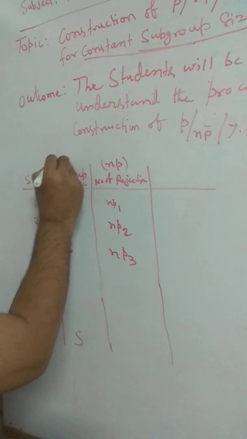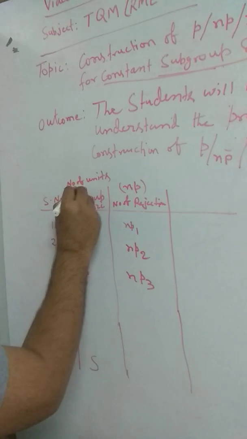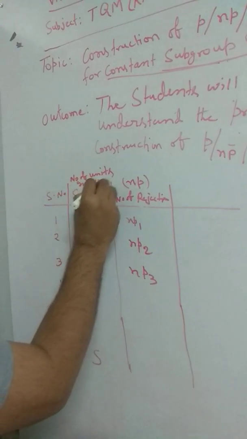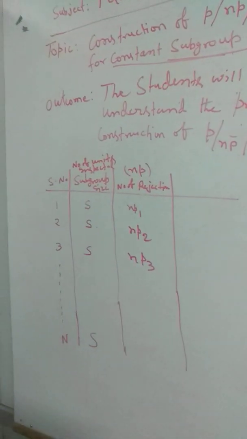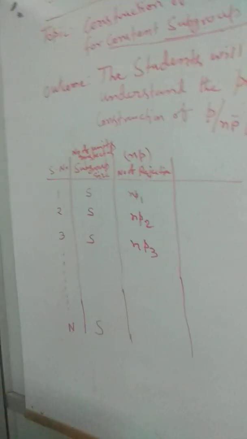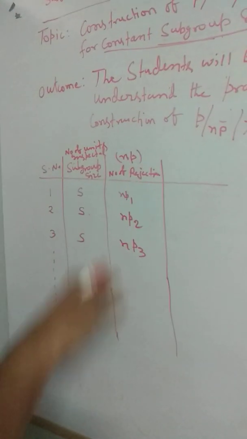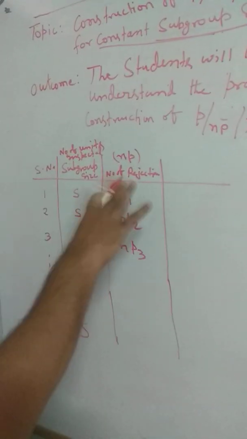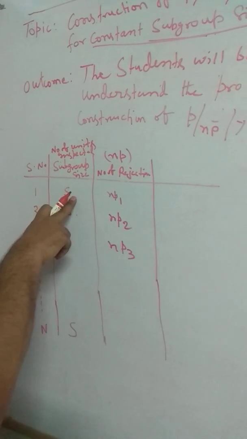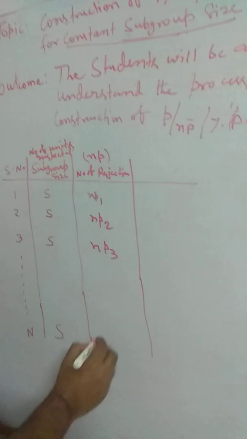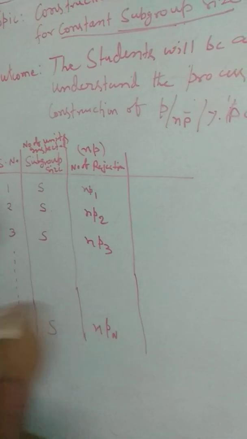This is nothing but the number of units inspected. Okay. And here the number of units an inspector found rejected after inspection of S units, here it is NPN. Okay.